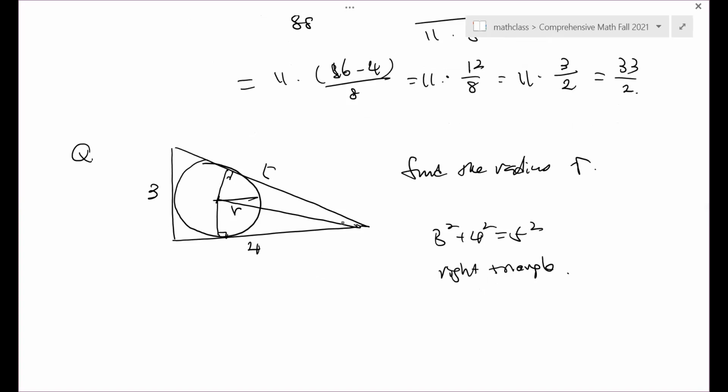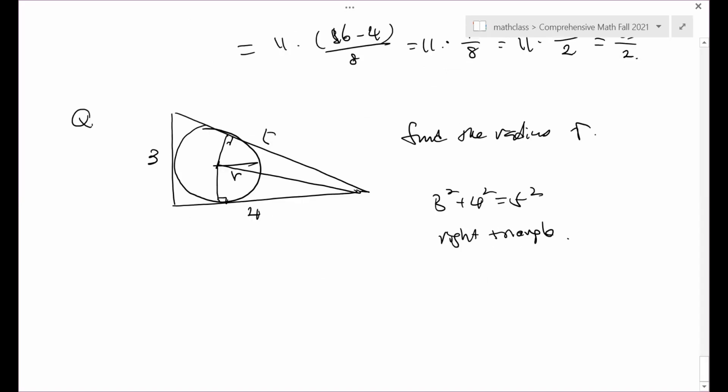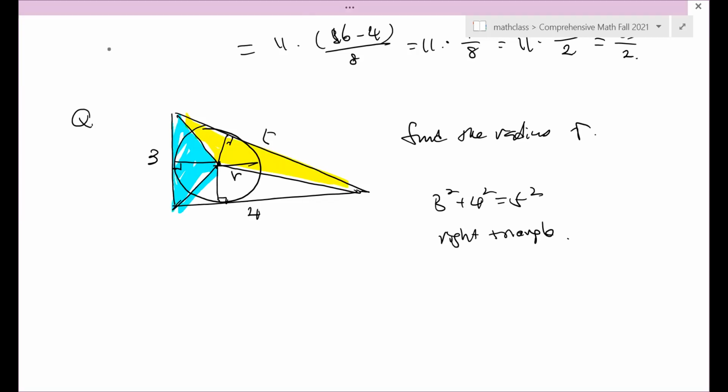So 6 over 5. All right, the best way I wish to do, because that works for an arbitrary triangle, is I draw 3 triangles from the center of the circle. Now, the area of the larger triangle is going to be the sum of the areas of the 3 triangles.